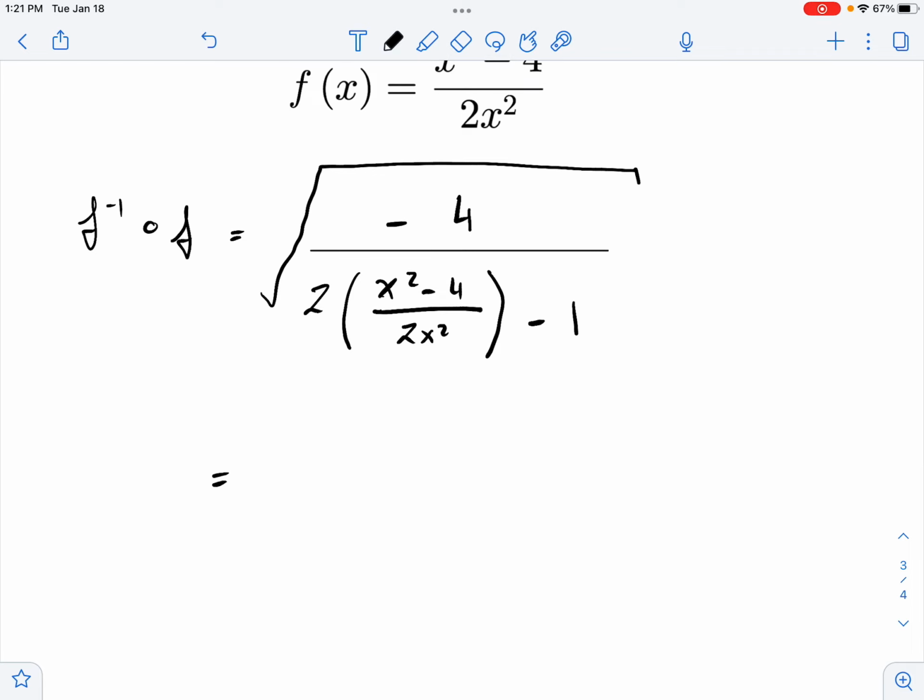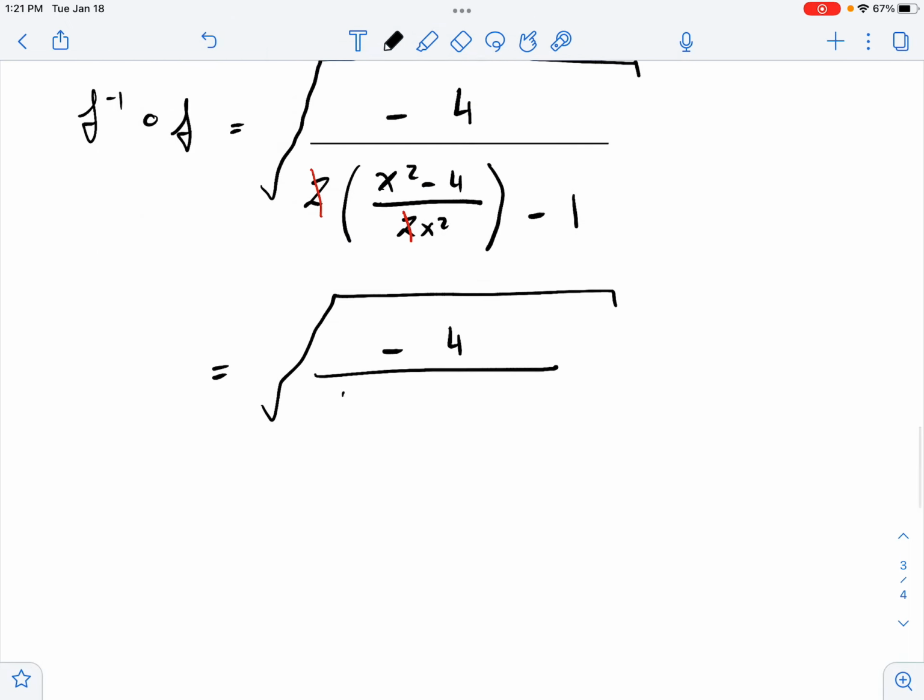Working this out then, I have the square root of negative 4 all over. I note that my 2's will cancel. This 2 will cancel with this 2. So I'll have x squared minus 4 all over x squared, minus 1.